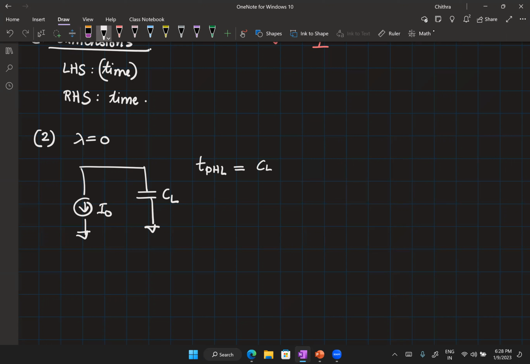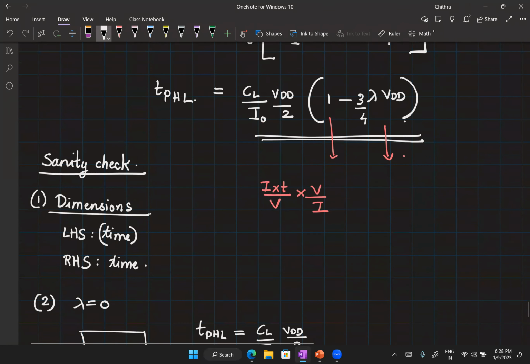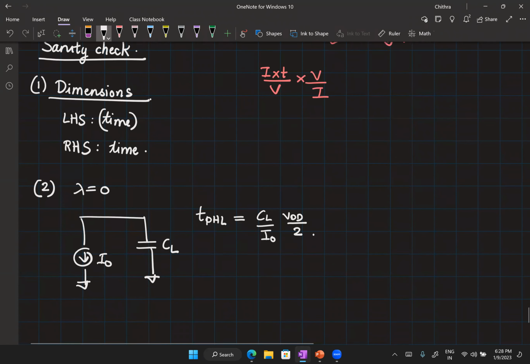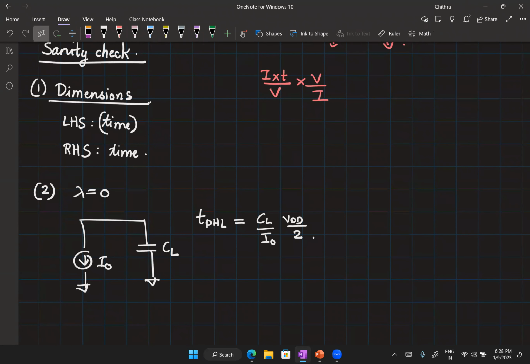This will be CL by I naught into delta V, which is VDD by 2. You can use the same current equation and quickly calculate. Now you put lambda equal to 0 in the derived equation. What do you get? The same expression. So these are some of the ways in which you can cross-check your answers.